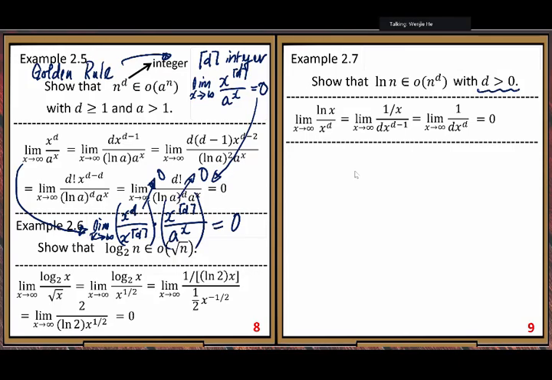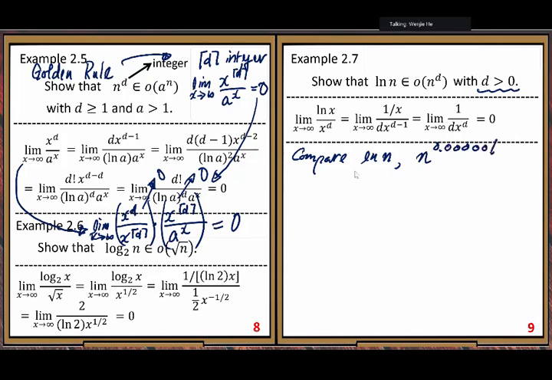Now let's apply our freedom to choose a special d and compare these two functions: one natural log function and another power function, but we make this d very small.